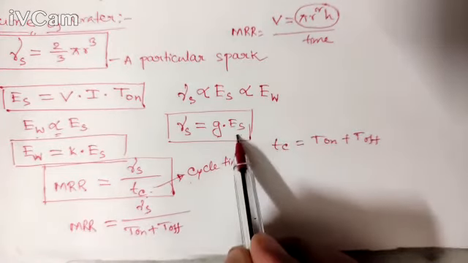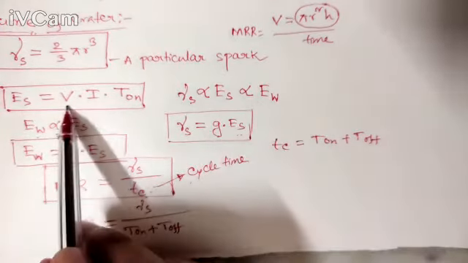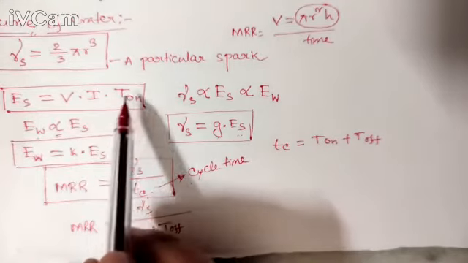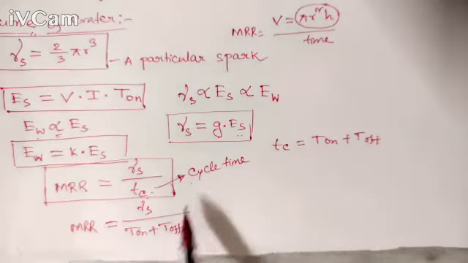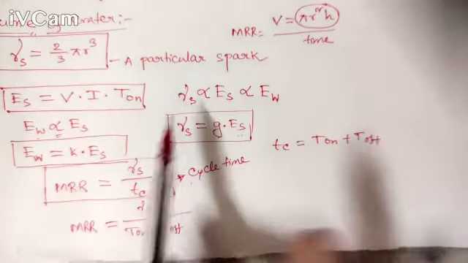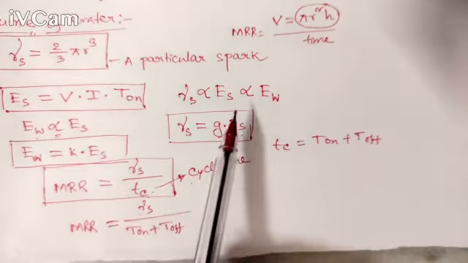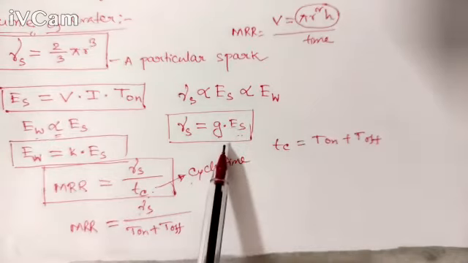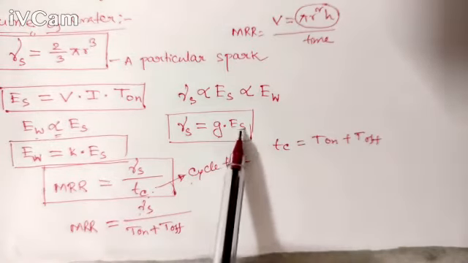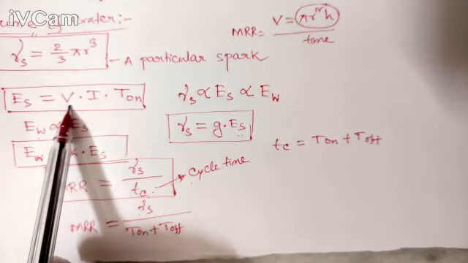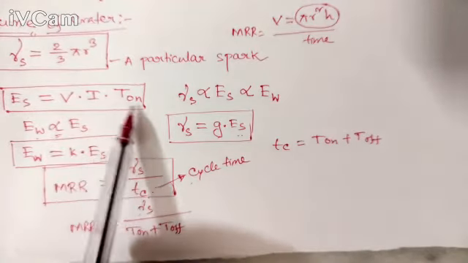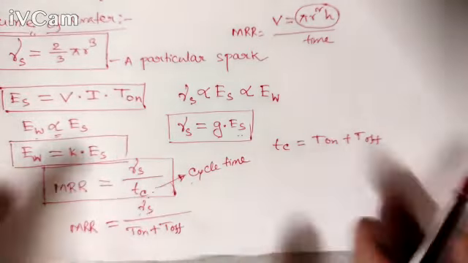And what we have seen, ES is equal to V into I into T on. Is it clear to all? So in place of gamma s, we are going to write G into ES, and in place of ES, we are going to write V into I into T on. So that is what we are going to do.